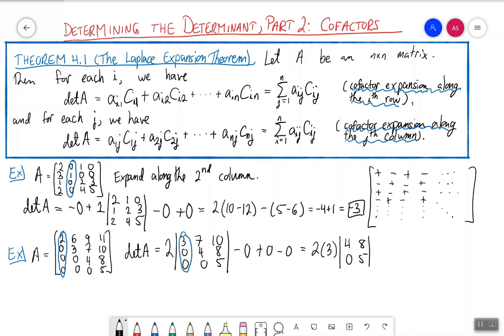And I could put minus 0 plus 0, but I'm not going to, to save room. Actually, no, I am going to put them there. Minus 0 plus 0, which is equal to 2 times 3 times 4 times 5 minus 0, which is equal to 120.